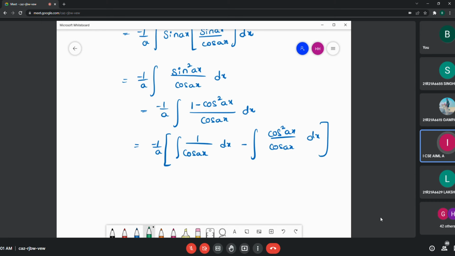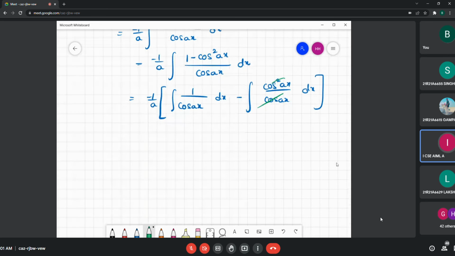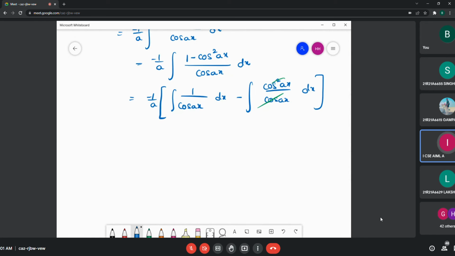So one cos ax here cancels. So this is equal to minus of 1 by a into integration of 1 by cos ax, which is secant ax dx, minus integral cos ax dx.